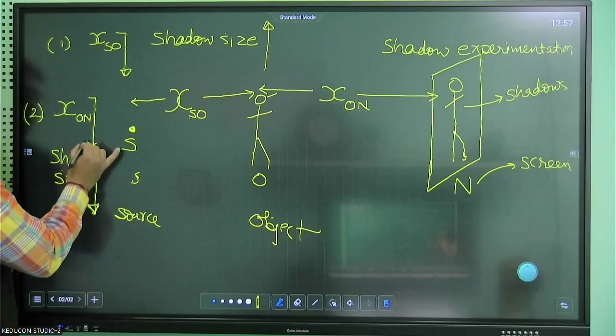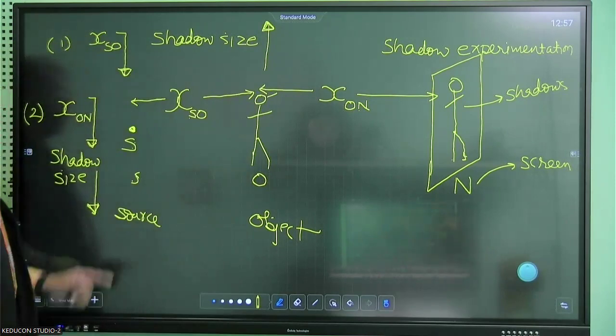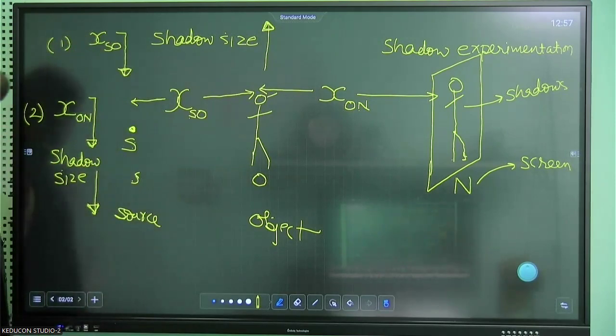Downward arrow means decreasing, upward arrow means increasing. So these two observations you have to note down.